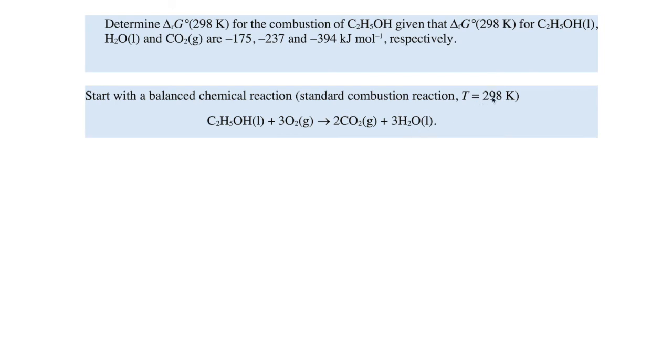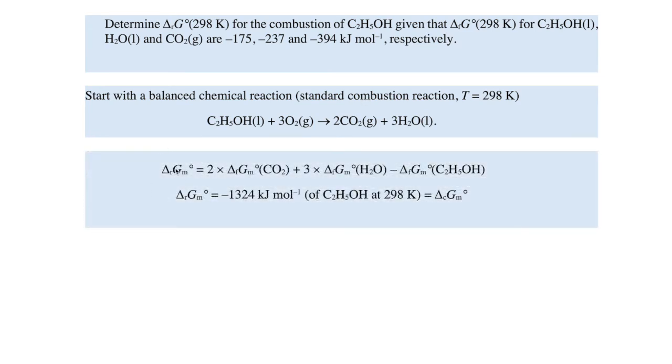If we're doing this at 298, then the O2 is going to be in the gas phase, CO2 is going to be in the gas phase, and H2O is going to be in the liquid phase. Our other reactant, ethanol in this case, will of course be in its standard state for that temperature. One mole of the species with enough oxygen to create a stoichiometrically balanced reaction that gives CO2 and H2O. That's a standard combustion reaction.